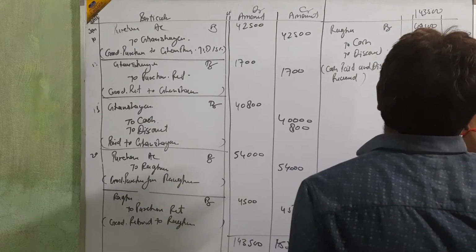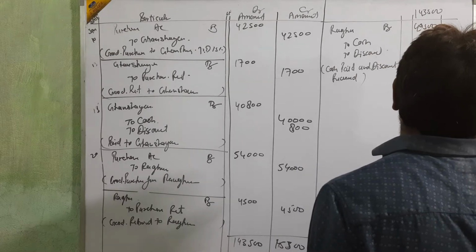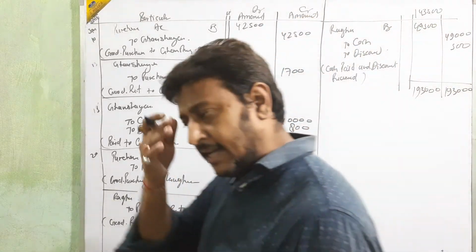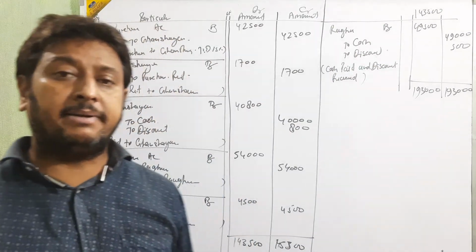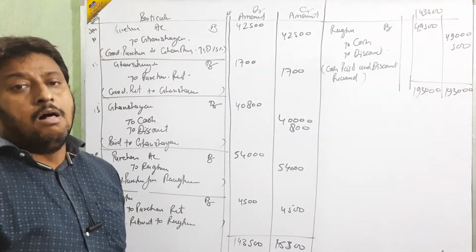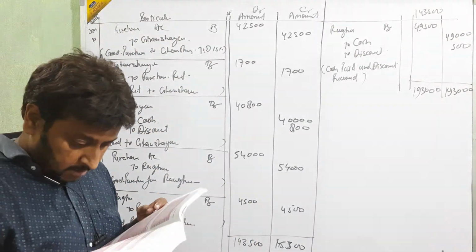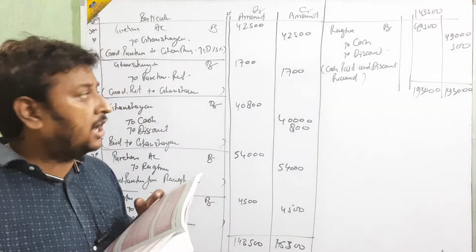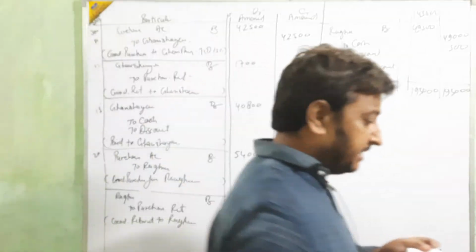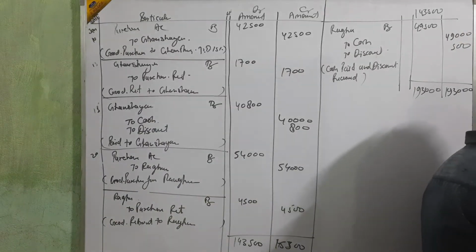Okay, 1,93,000. Clear? This is how to do the entries in the case of trade discount with the list price. Clear?